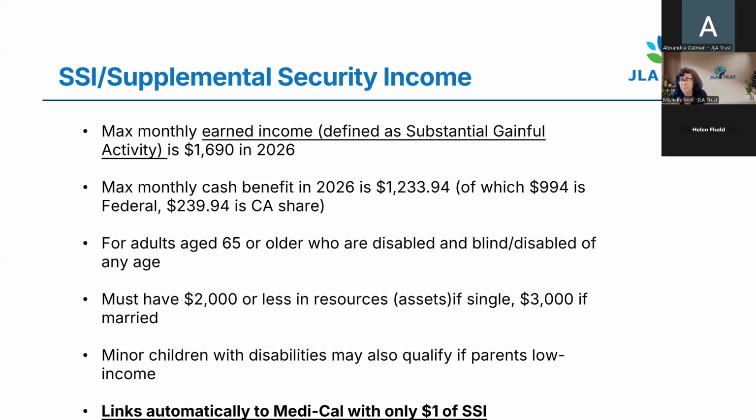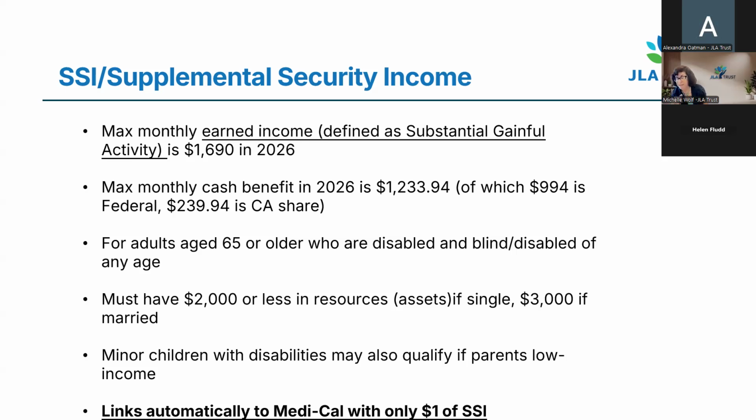The good news about SSI: you only need to be getting $1 to get what's called categorically linked Medi-Cal. What this means is your health insurance comes without any co-pays or share of costs. So that's why I really encourage everyone to apply for SSI. I know it's a pain. I know it's a lot of paperwork.